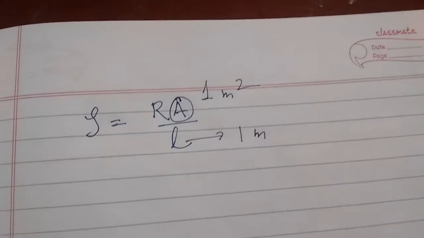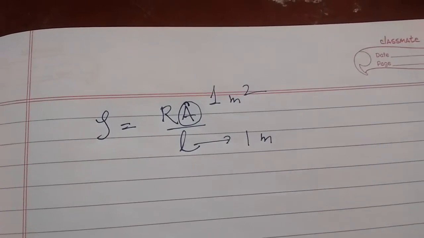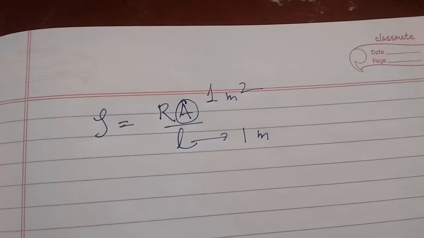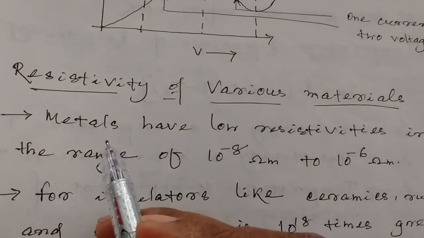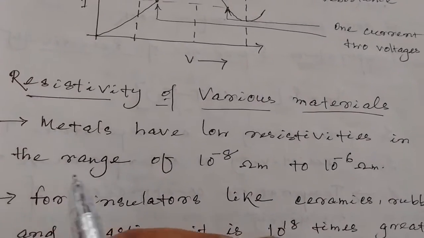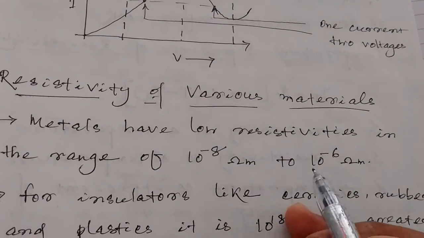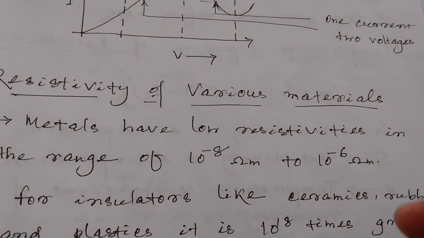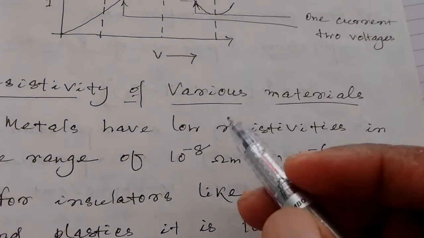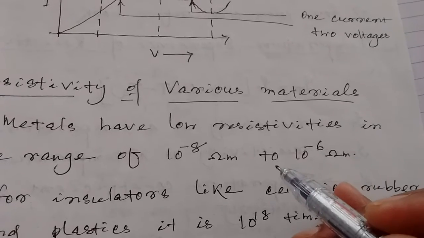Now we shall distinguish the materials on the basis of resistivity. First point here is metals have low resistivities in the range of 10 to the power minus 8 ohm meter to 10 to the power minus 6 ohm meter. Of course, metals are good conductors. That's why their resistivity has to be very small.